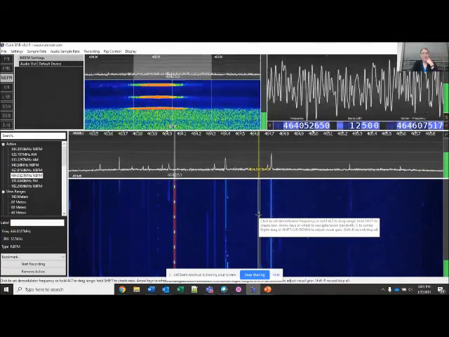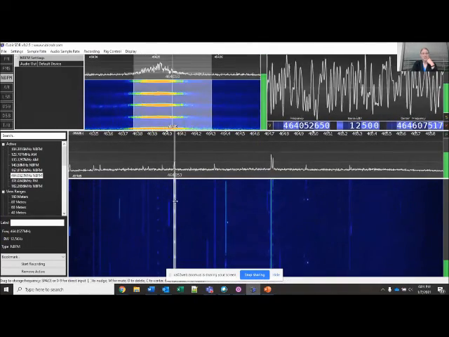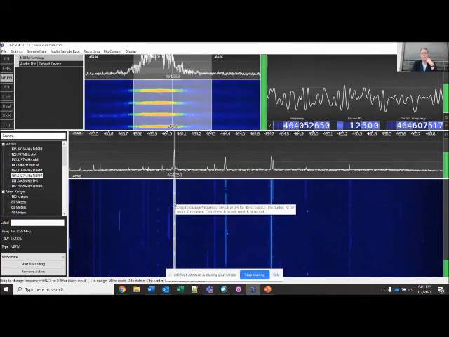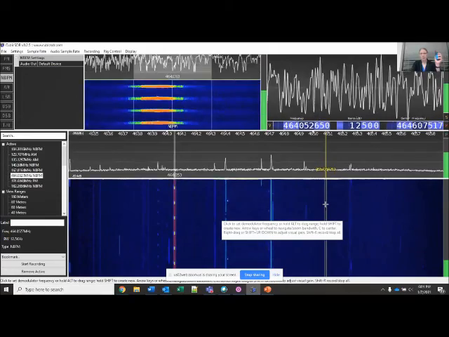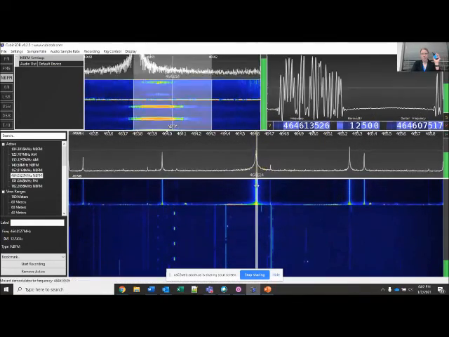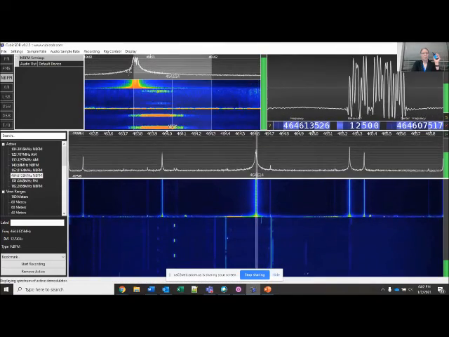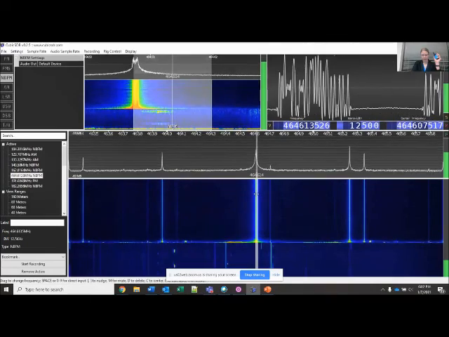That wasn't there 3 hours ago when I was testing this out. So that could be an interference source that would be worth investigating. And again, when I turn mine back on, it shows up pretty strongly. Oh, I'm a little bit off frequency, that's why.